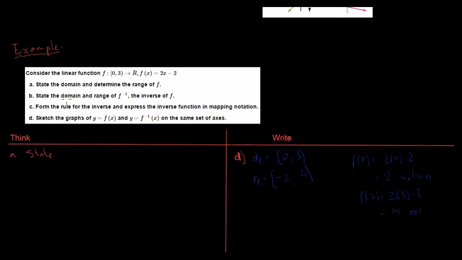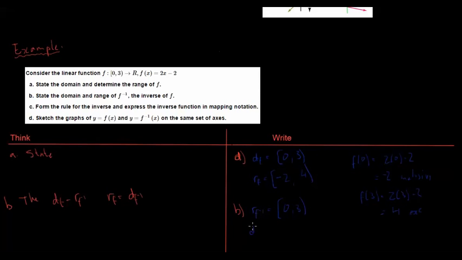Sorting out the domain and range of f^-1, the inverse of f, as we've said, the domain of f equals the range of f^-1, and the range of f is equal to the domain of f^-1. So we know that the range of f^-1 is going to be equal to the domain of f, [0, 3).